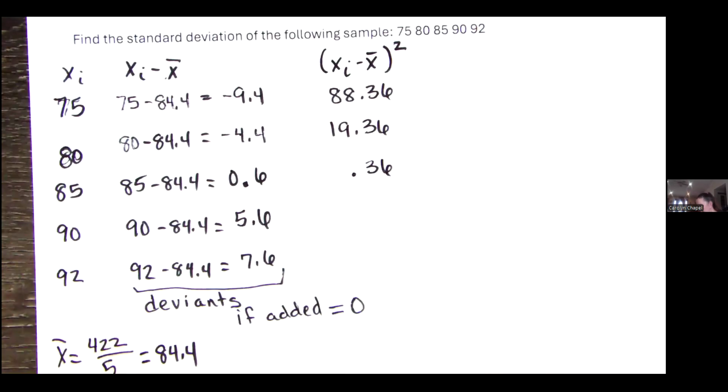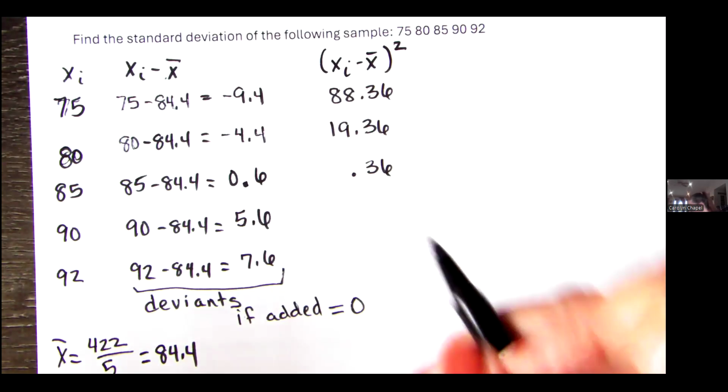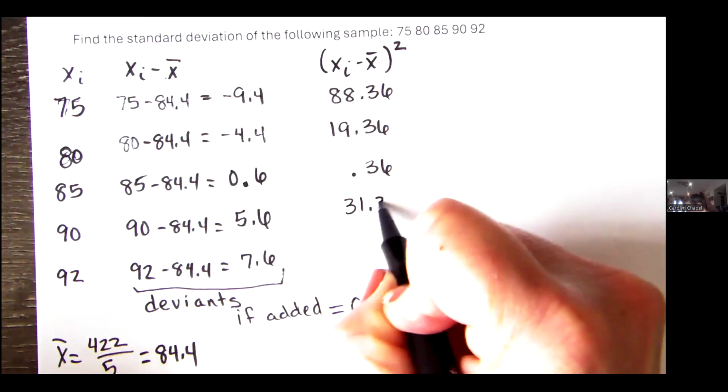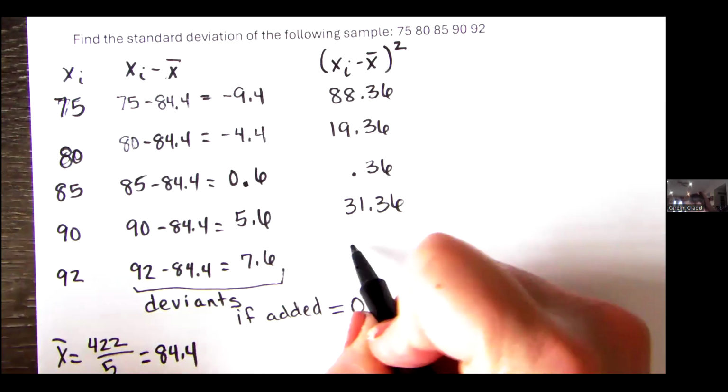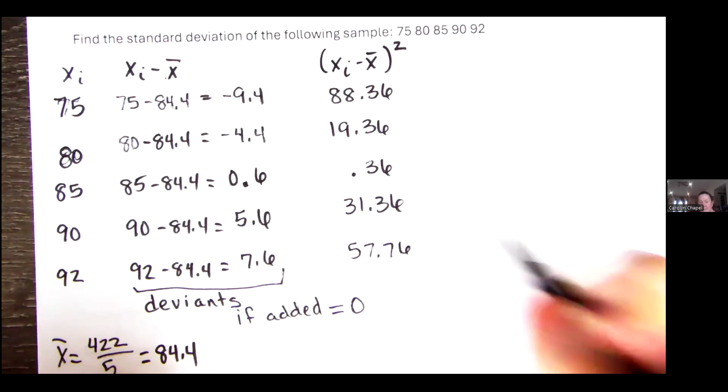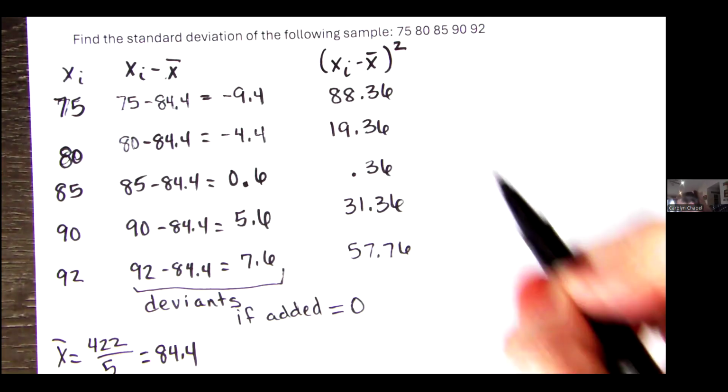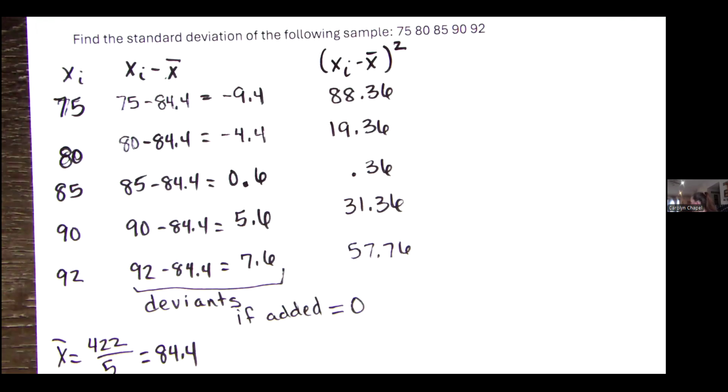Squaring 0.6, I get 0.36. Squaring 5.6, I get 31.36, and squaring 7.6, I get 57.76. And so there is them all being squared.